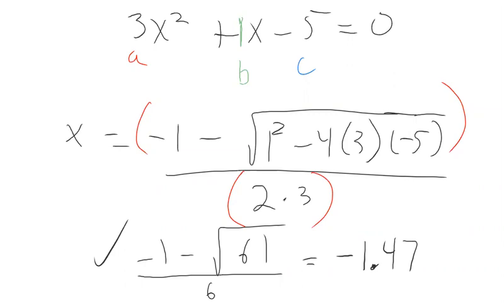How do you figure it out in radical form? How did I get this in the red box? Do it in pieces.